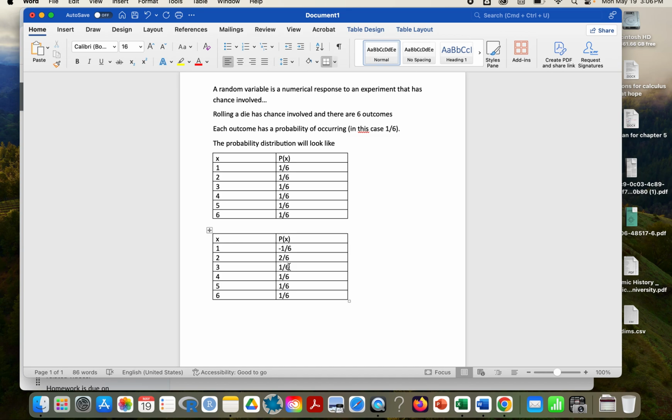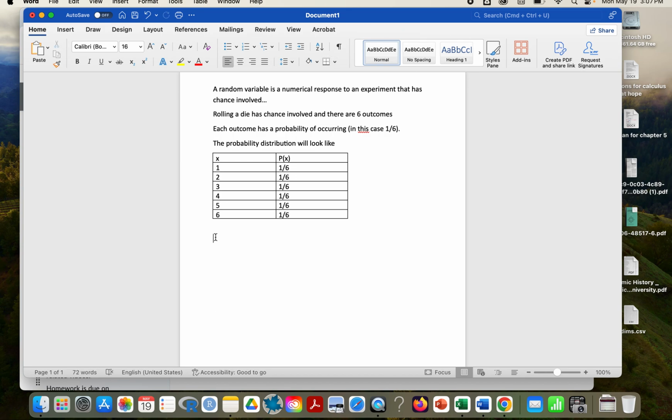So 2, negative 1, and 3 gets me 2, 3, 4, 5, 6, so it sums to 1 in this instance, but because one of the probabilities is less than 0, it's not a probability distribution. All right, let me delete that.